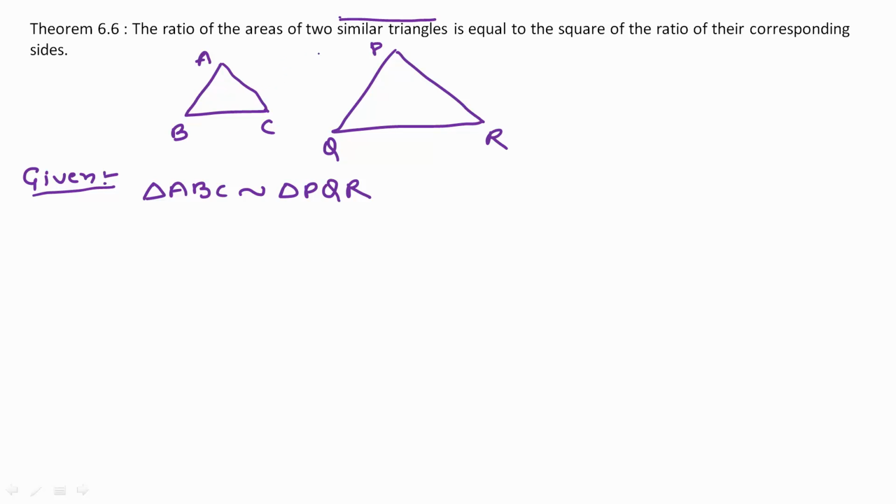the ratio of the areas of two similar triangles is equal to the square of the ratio of their corresponding sides.